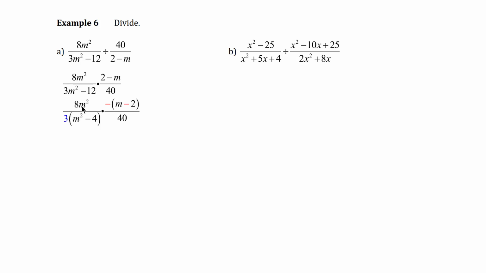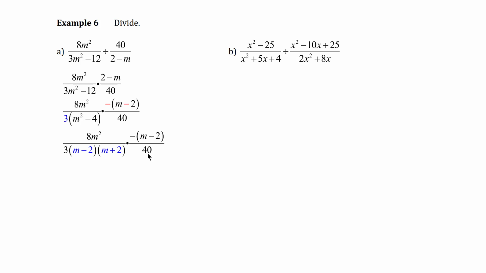The result is 8m² divided by 3(m² - 4) times -(m - 2) divided by 40. Next, I could factor the m² - 4 as a difference of squares and bring down everything else. We get 8m² divided by 3(m - 2)(m + 2) times -(m - 2) divided by 40.